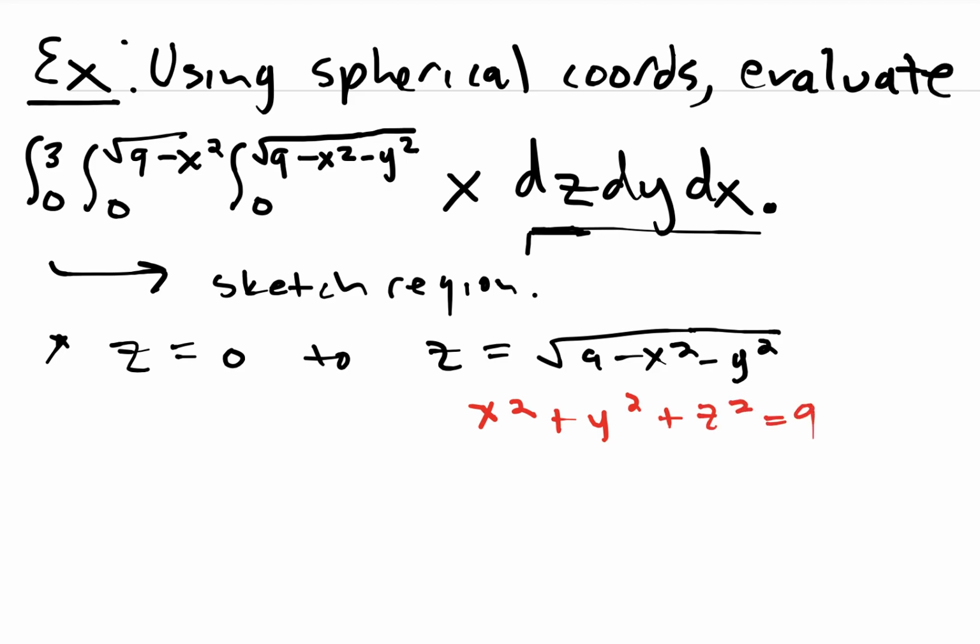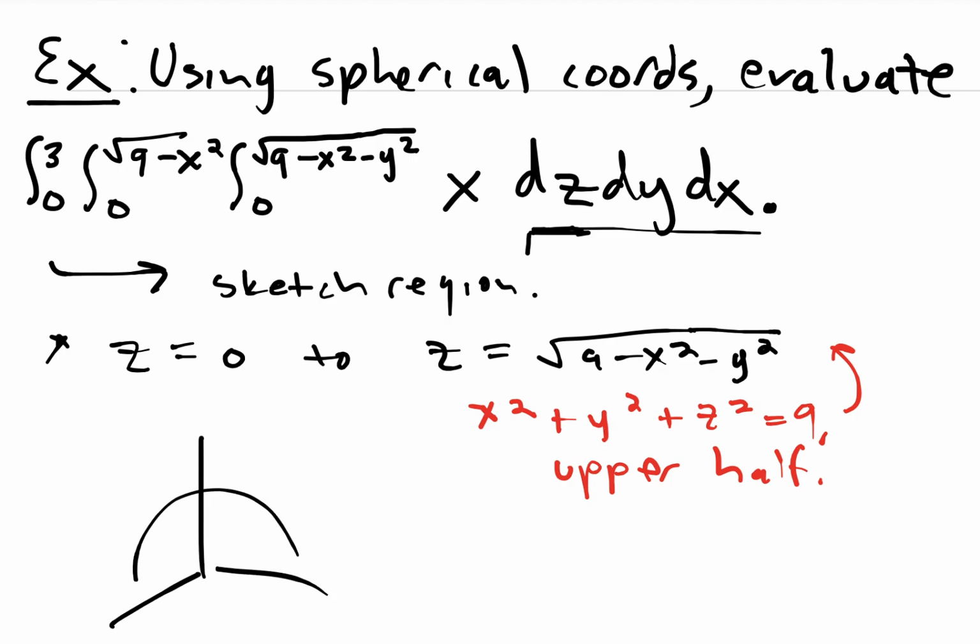So this is basically the upper half of that circle, or sorry, sphere. So if we've got basically z equals 0 to that sphere, the surfaces at least that we're dealing with are hemispherical.